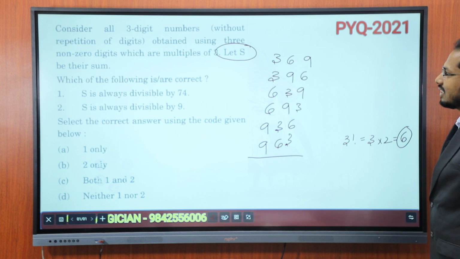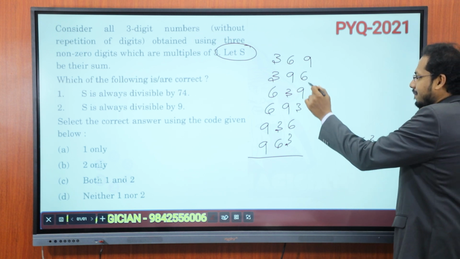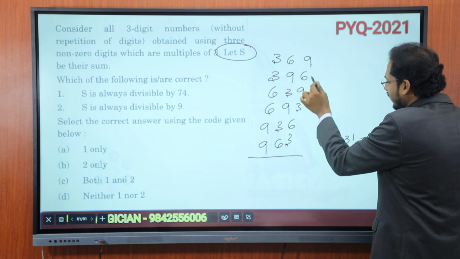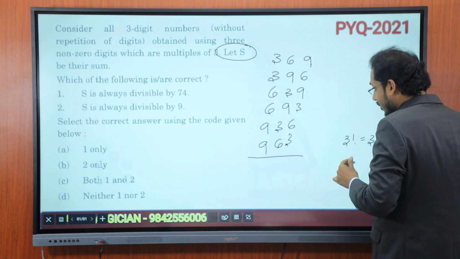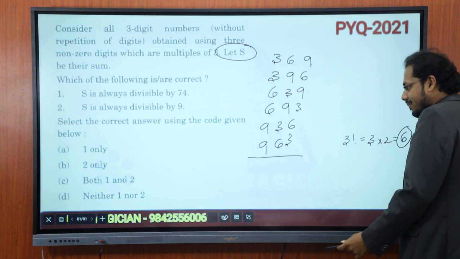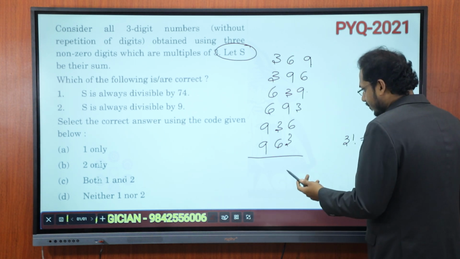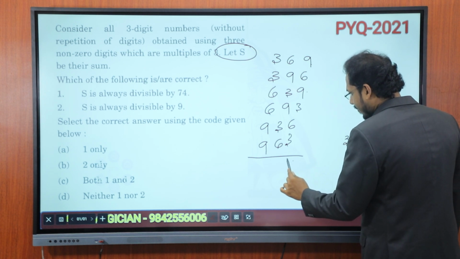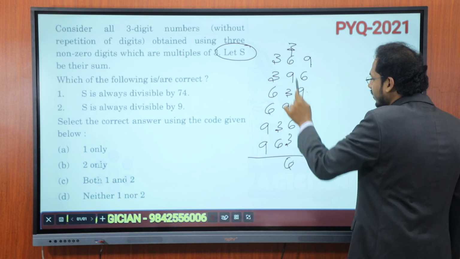So what is the sum of these numbers? 9, 9, 18, then again 9, 27, then one more 9, so 27, 36. 6 and remainder 3. Okay.